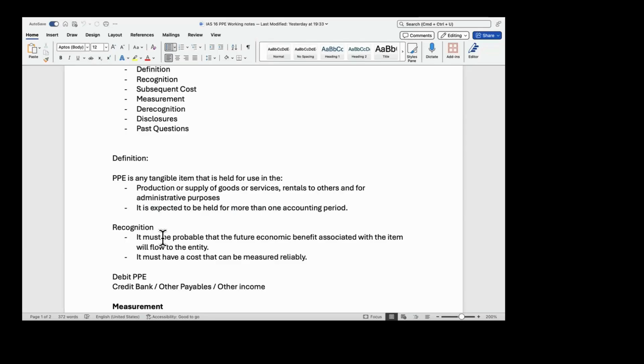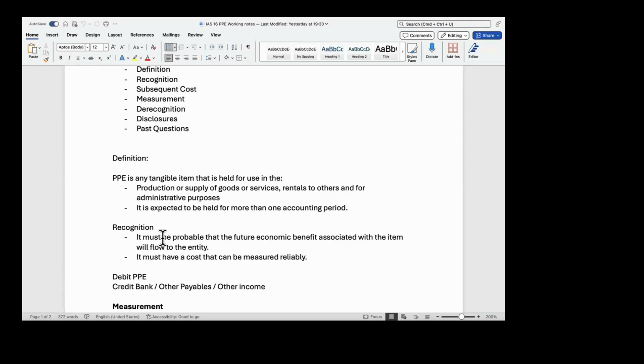In fact, not just making money from the asset, the money that is made from that asset will actually come to us. So it must be probable that future economic benefit associated with the item will flow to the entity. And this simply signifies that you must have control over the asset, and that the risk and reward associated with the asset is with you. That's the first recognition criteria.